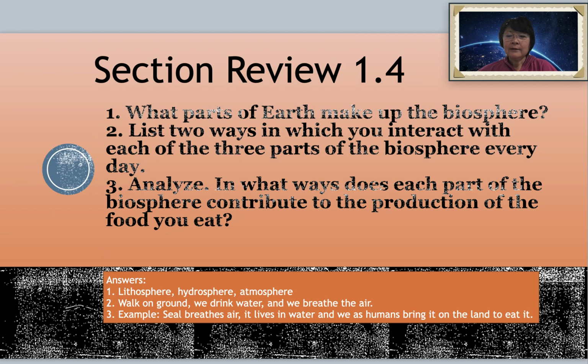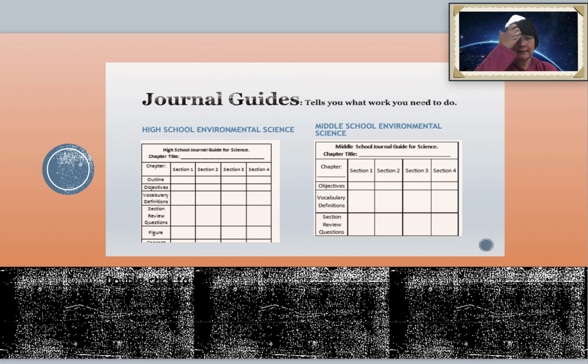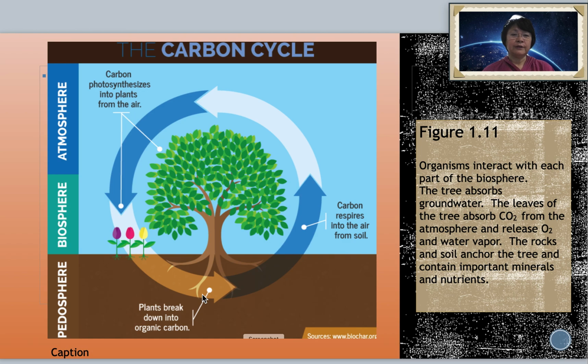1.4. Now let's go back to the journal guide to see what we do with the figure, because here in section 4, we have a figure. Over here on the middle school side, there is no figure expectation, so you are done. Moving on to the figure, you could have selected any particular figure within section 4 and drawn it and also written the captions.